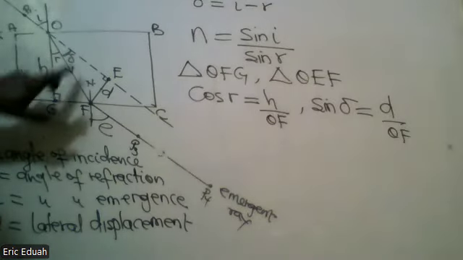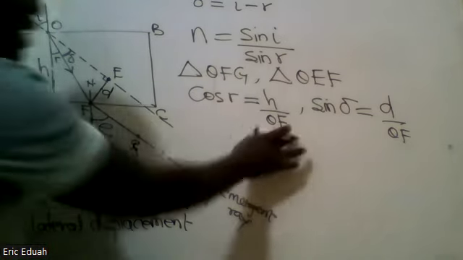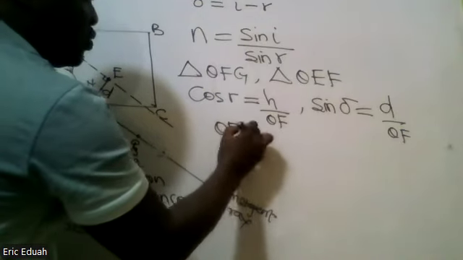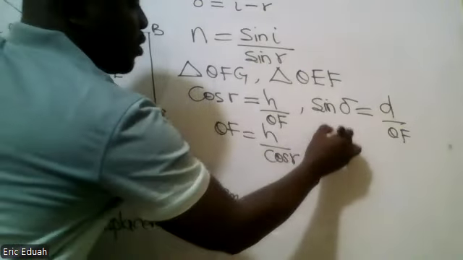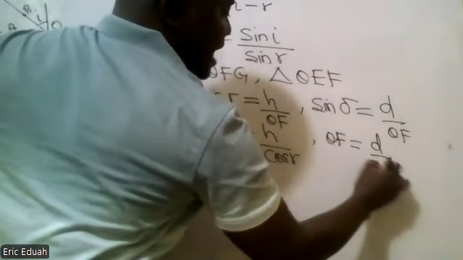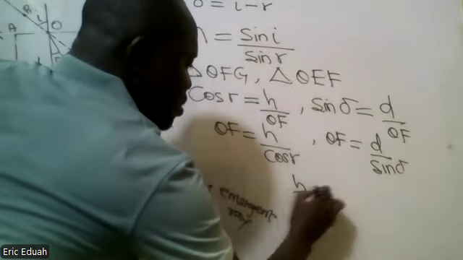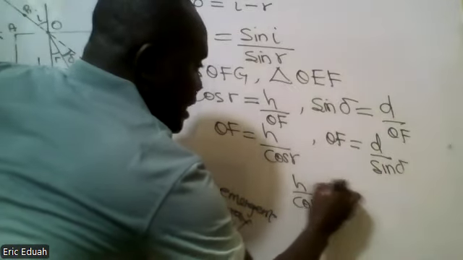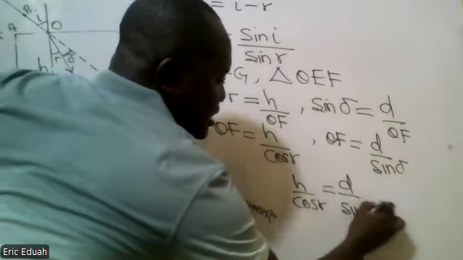These two right-angled triangles share the same hypotenuse. So OF in this is equal to h over cos r. OF here is equal to d over sine of the angle of deviation. So when you equate this, we have h over cos r is equal to d over sine sigma.